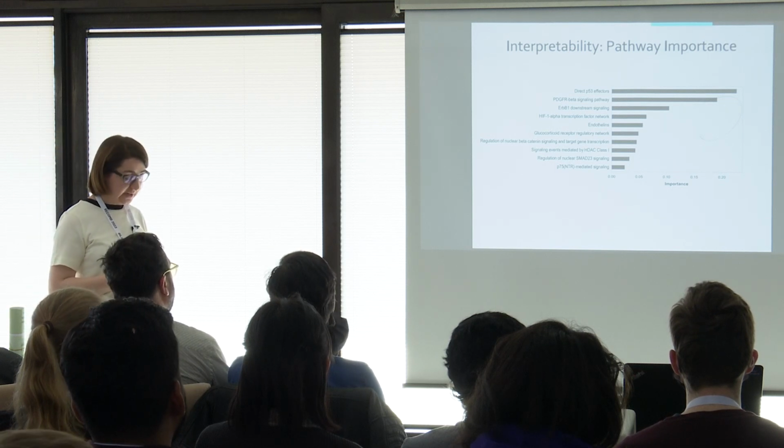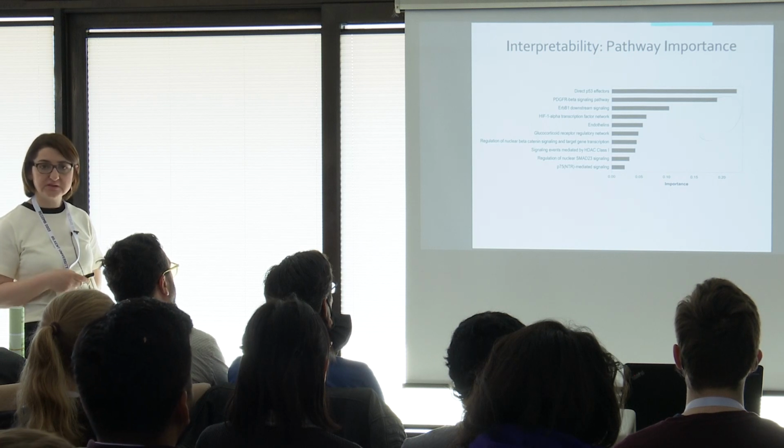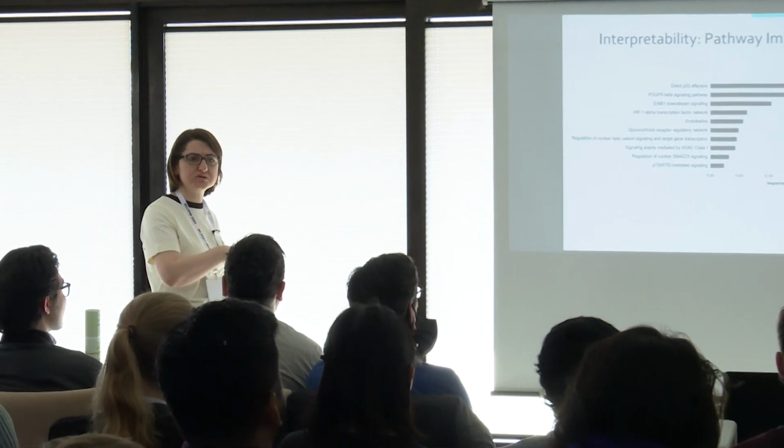As I said, we can interpret the pathway importances with this method, and this is due to the multiview kernel method that we are using. It provides us the weights, and we can look at the kernels and sum them over the omic type to get how important each pathway was for the specific clustering, or we can sum over the pathways and get the importance of each of the omic data types.